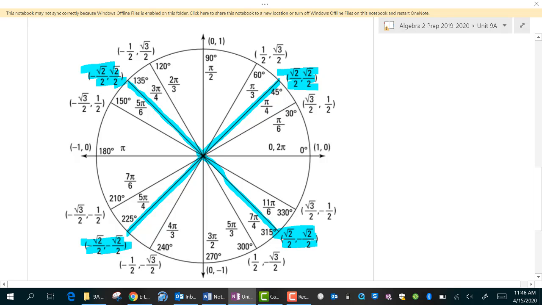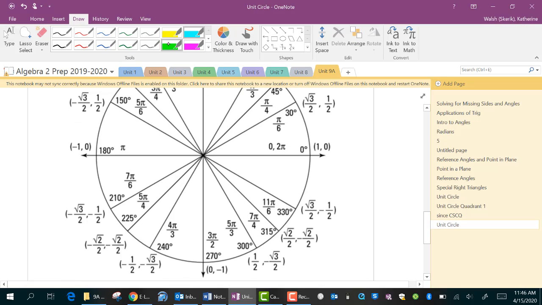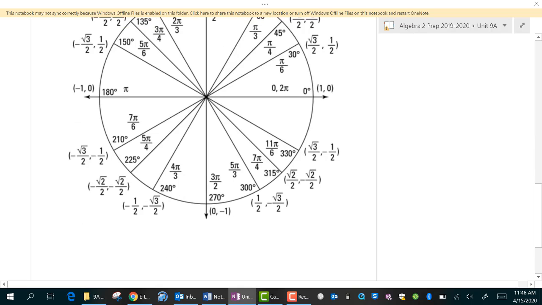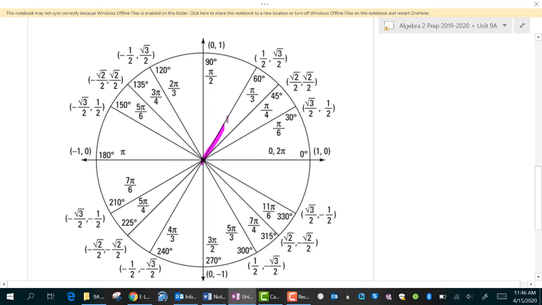And then our last family is the pi/3 family. So again, I'm going to choose a different color here. Let's go with purple. We'll see how dark it turns out. So I have pi/3, 2 pi/3, 4 pi/3, and then lastly 5 pi/3.